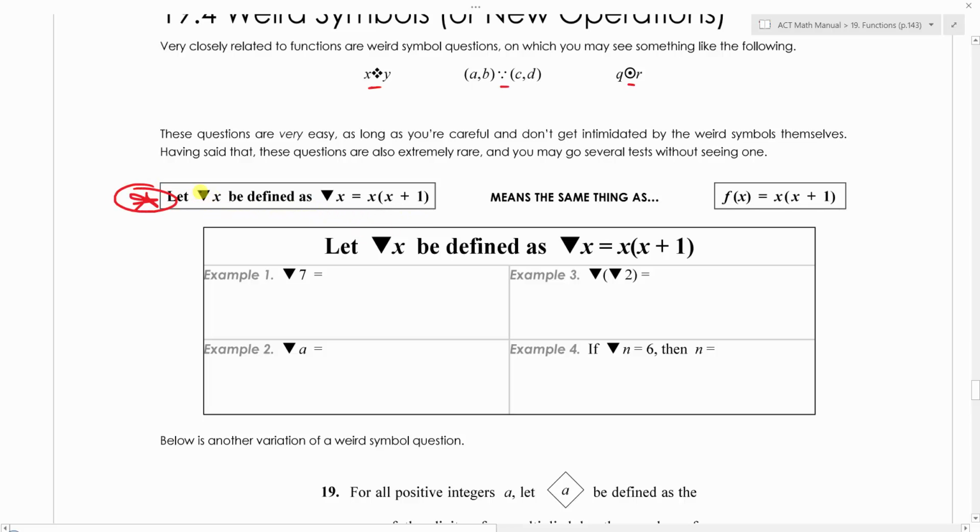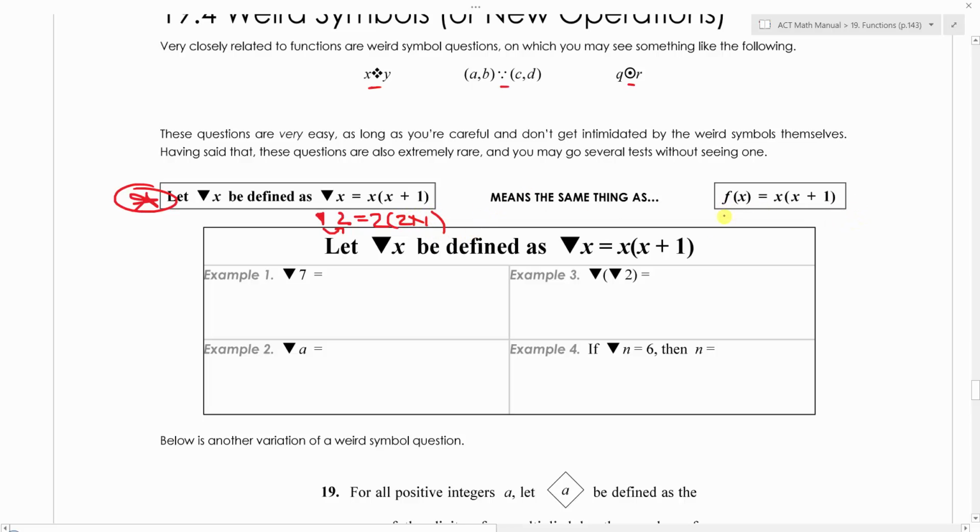When they give you something like upside down black triangle x, which I'll just call function x, you could also call it weird symbol x. They tell you weird symbol x is defined as x times x plus 1. That is exactly the same as saying that f of x equals x times x plus 1. In other words, if you had an upside down triangle and then a 2, what they are telling you to do is to take the thing next to the upside down triangle and throw that in for your x's.